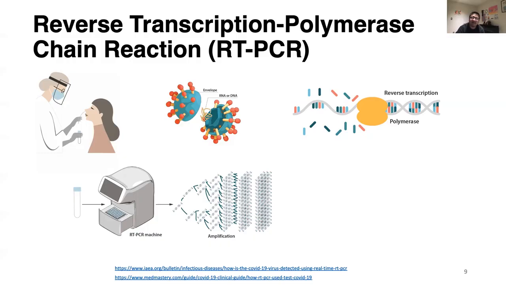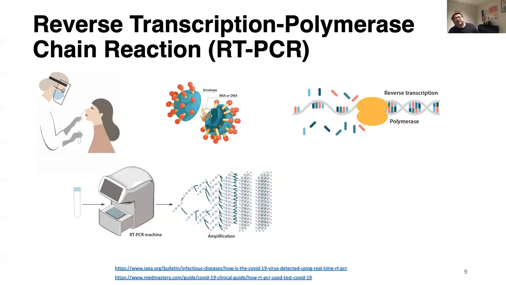Typically, the upper bound of the number of cycles is set to 35. If with very few cycles it exceeds the threshold, then you basically got a positive. If after 35 cycles you still cannot exceed the threshold, then we say this patient is negative.